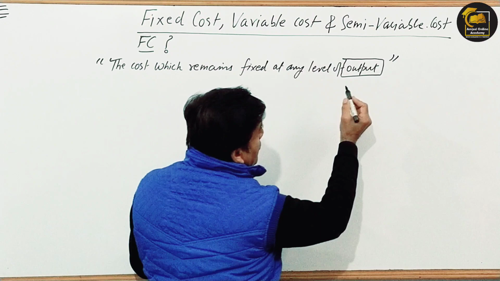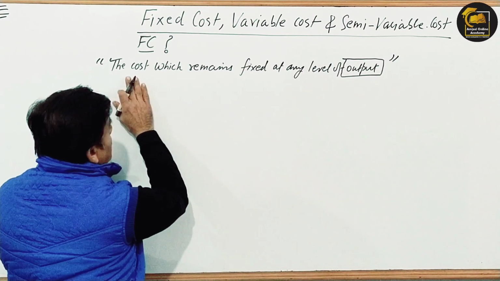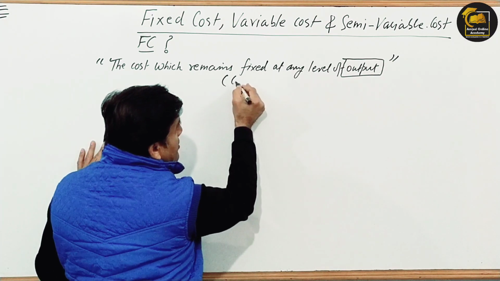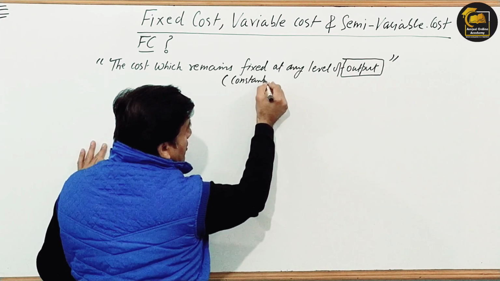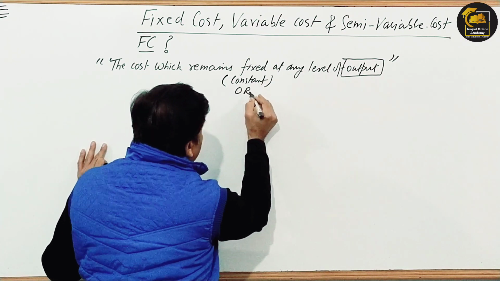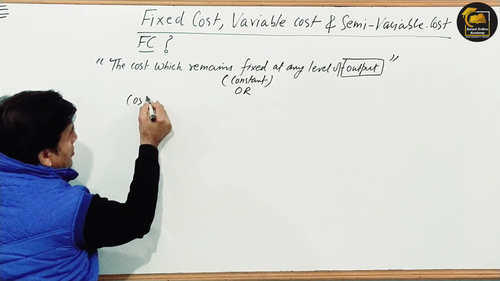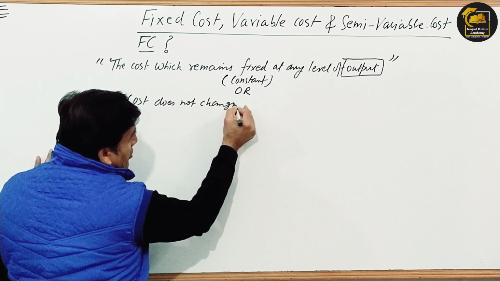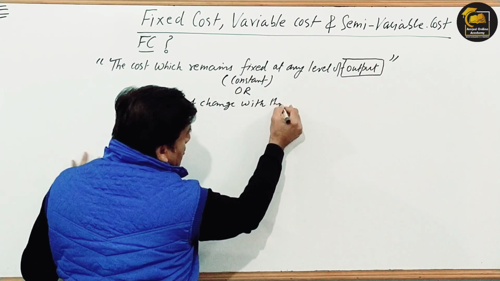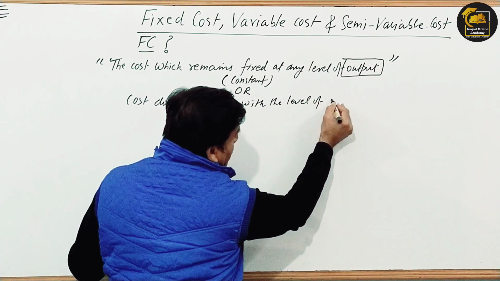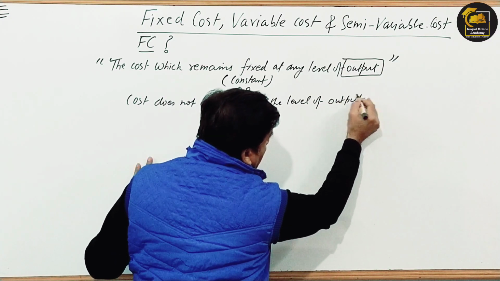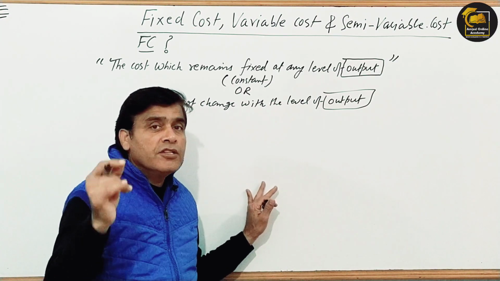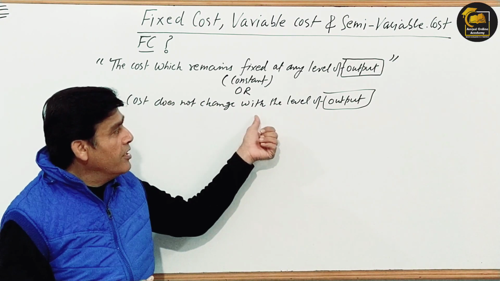So any cost which remains fixed at any level of output, or which remains constant at any level of output, or we define any cost as the cost which does not change with the level of output. So either the cost remains constant, remains unchanged, or does not change with the level of output.